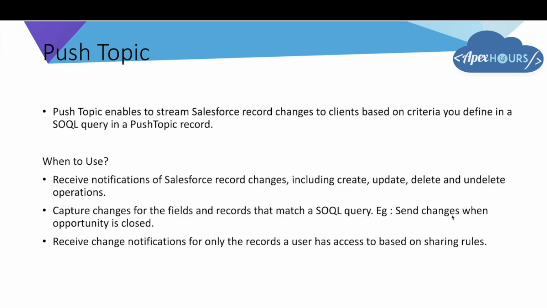For example, when an opportunity is closed, then you need to send an event. Then we can use PushTopic. Another thing to note here is that if a subscribing user doesn't have access to that particular record, then the event will not be sent to that user. So it respects sharing rules.